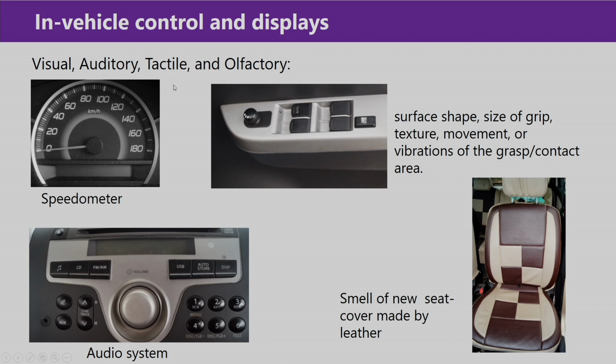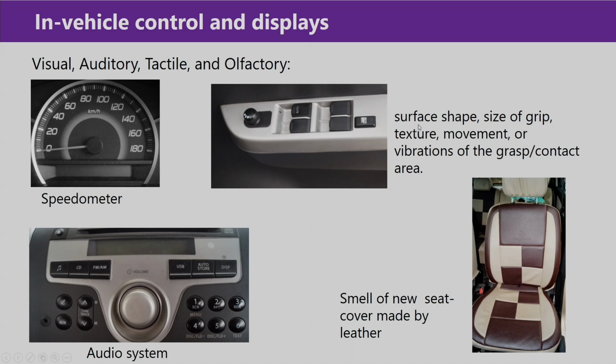So, based on the different types of sensory modalities, again we can categorize vehicle displays into different categories. The speedometer comes under visual display because it is showing visual information. Then the audio system, from which different types of music or different types of sound are coming, is considered as the audio display.